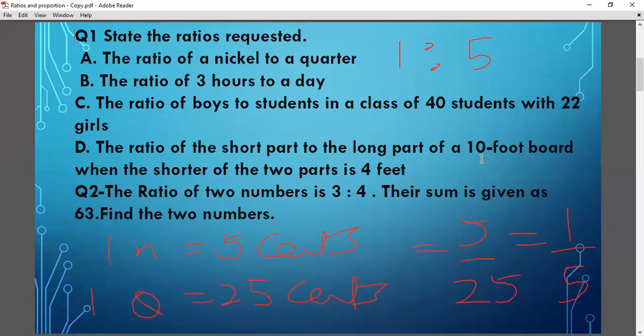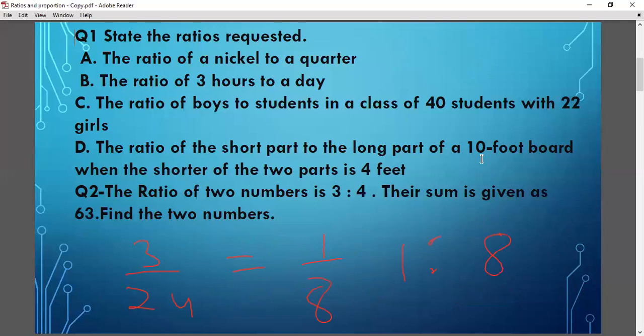Now the second one, the ratio of 3 hours to a day. You already know there are 24 hours in a day. So you can directly write 3 over 24, which equals 1 over 8, or 1 is to 8 is our final ratio.